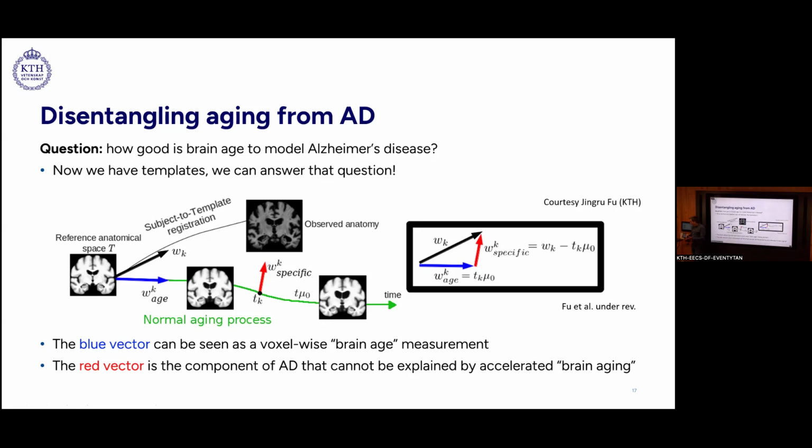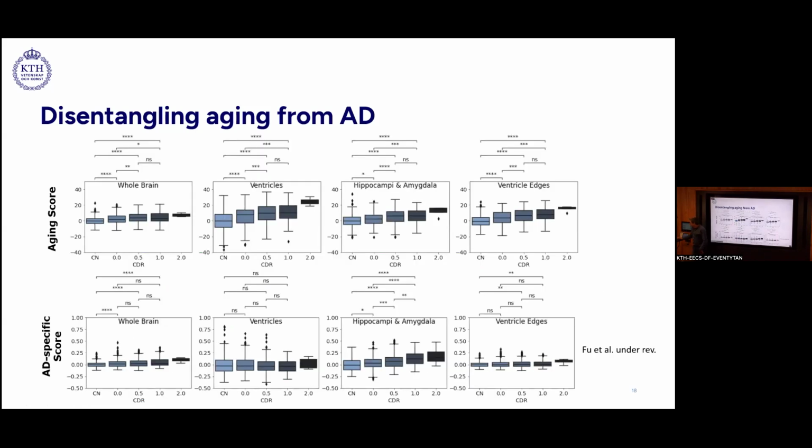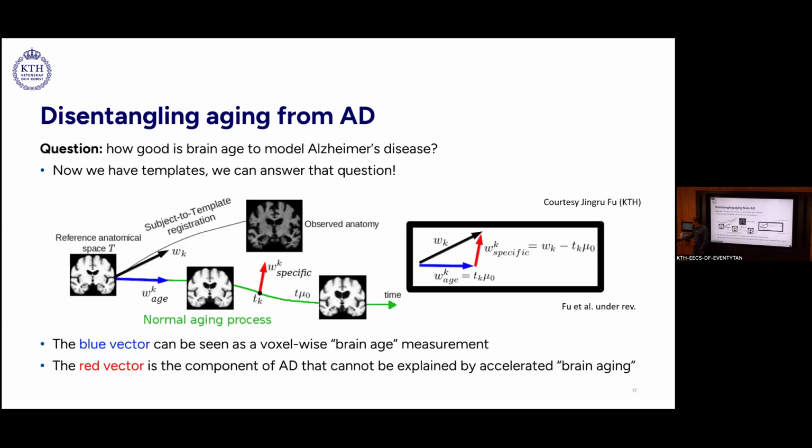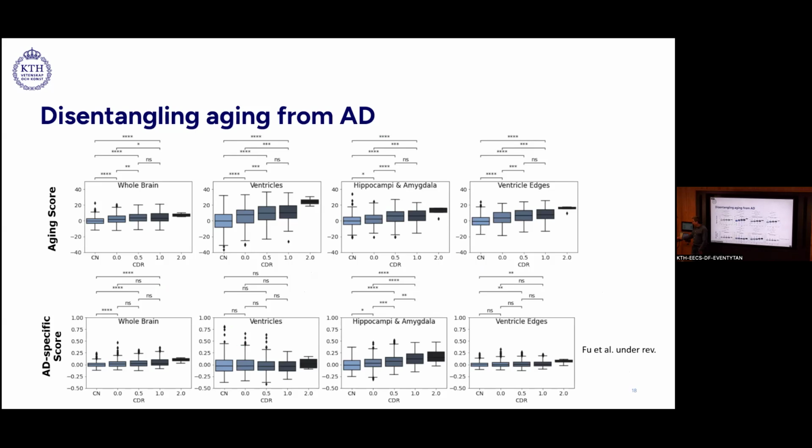Then we wanted to see the importance of these blue and red arrows at every point in the brain. And these are actually the results. We created a score for the blue one and another score for the red one. We call it the aging score. In a way, it's very similar to brain age.